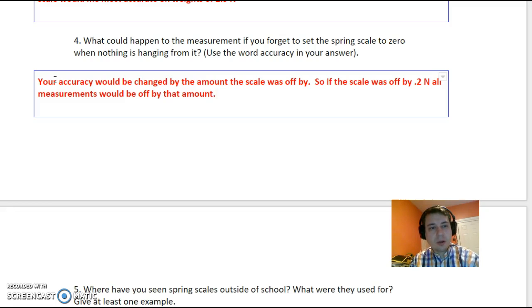That would mean all your measurements for the entire lab are going to be off by 0.2 newtons. So making sure that your instruments are accurate at the beginning of the lab is always important, else your graph might be off by that much the entire time. You might see that in your graph: if it doesn't actually go through the origin, through the 0,0 on the graph, it might be because you did not zero your spring scale or your triple beam balance.